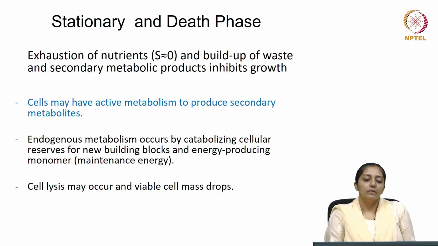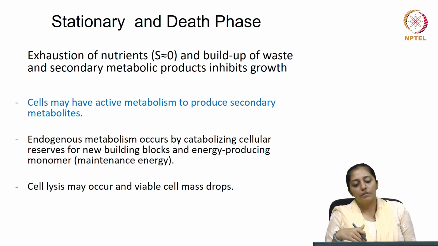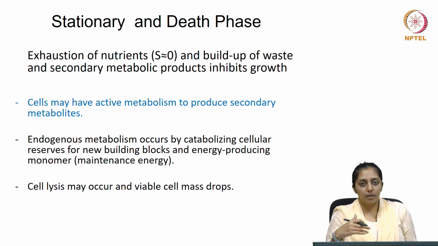Now, talking about the stationary and death phase, they appear when there is exhaustion of nutrients, which means the substrate is nearly completely consumed and there is buildup of waste and secondary metabolic products which might be inhibiting growth.